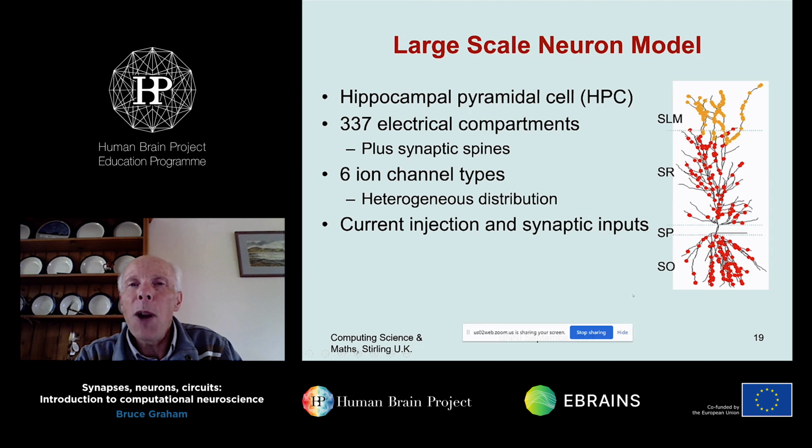So the electrical properties of a neuron can be quite dissimilar in different parts of the cell, leading potentially to highly nonlinear signal integration and processing within the dendrites themselves, leading to the final generation of output from a neuron. And simulations can really help us to understand that sort of signal processing in these cells.